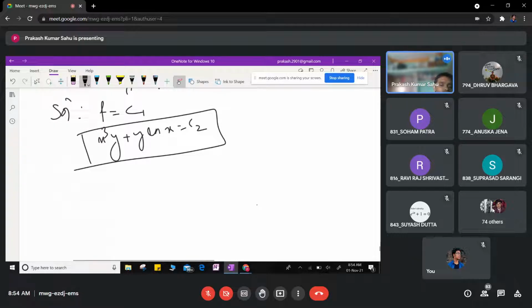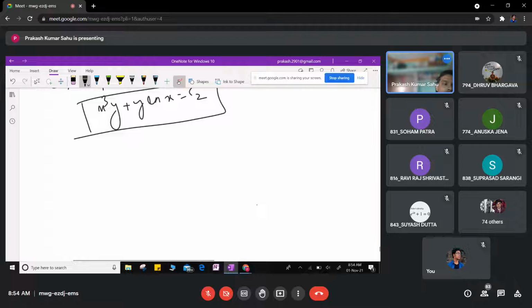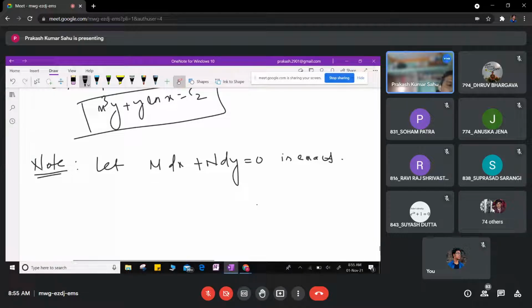So suppose you write another note. I am writing note. Let m dx plus n dy is equal to 0 is exact. So that is, this df is equal to m dx plus n dy is equal to 0.